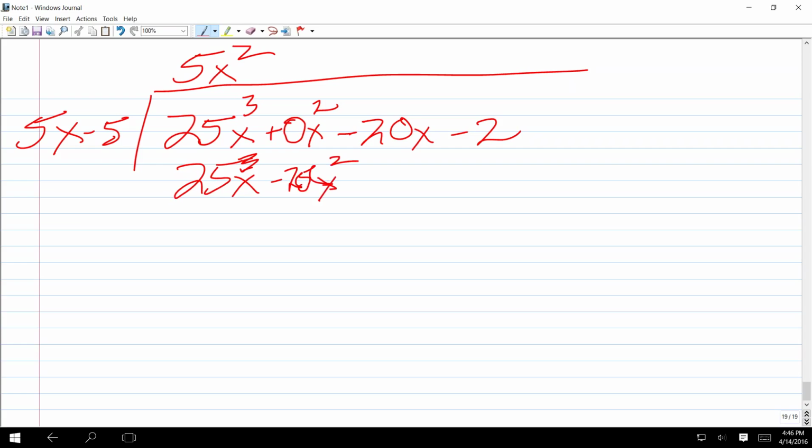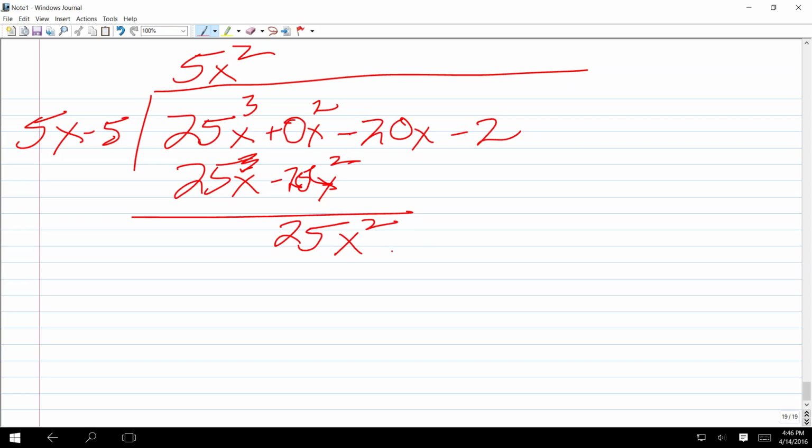Now see, we're going to be able to subtract that from the 0x squared. So what is 0x squared minus a minus 25x squared? That's just going to be 25. Oh, that's my fault, because I didn't write that very clearly.